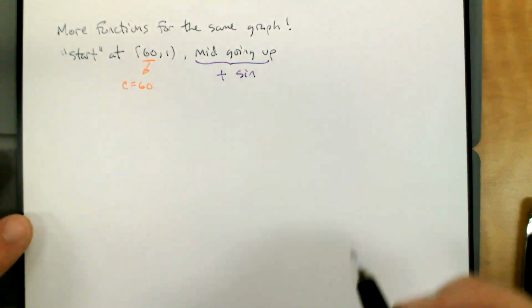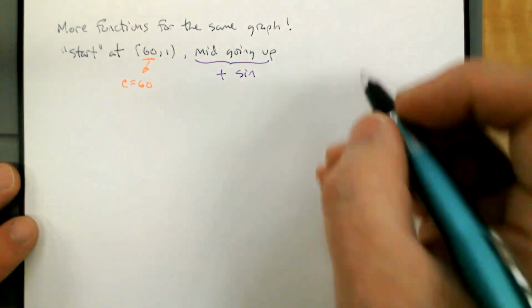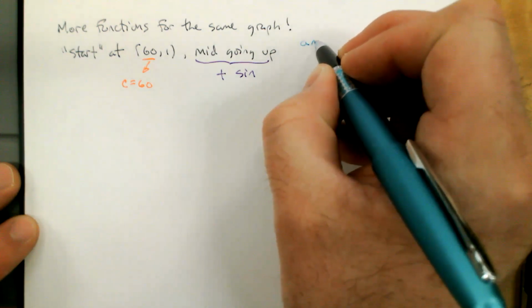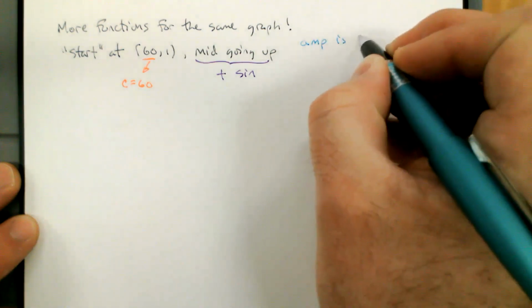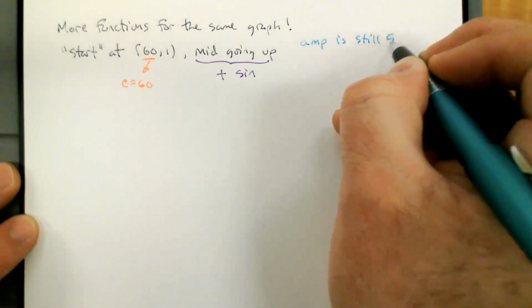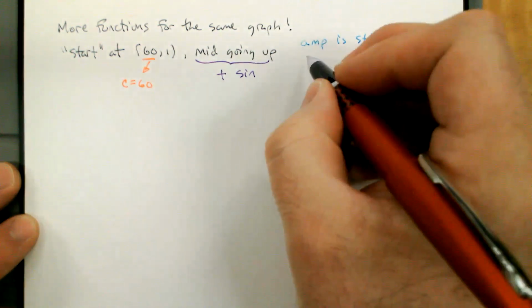The amplitude and the middle are still the same. Amplitude is still 5. And our middle is still at 1.